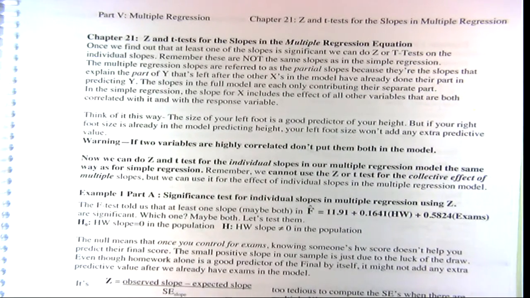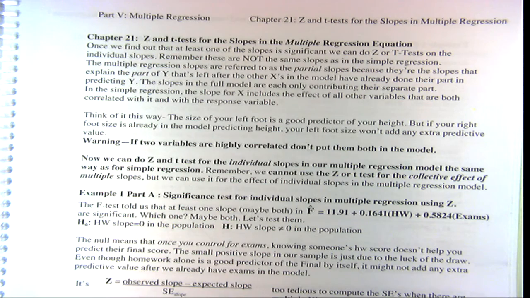And let's move on. So now, what we were doing before was this example where we were predicting final exam scores based on homework averages and midterm averages. And we found significance overall in the model. No shock, right? No surprise.